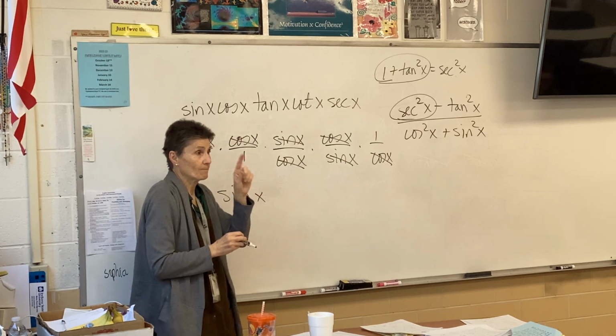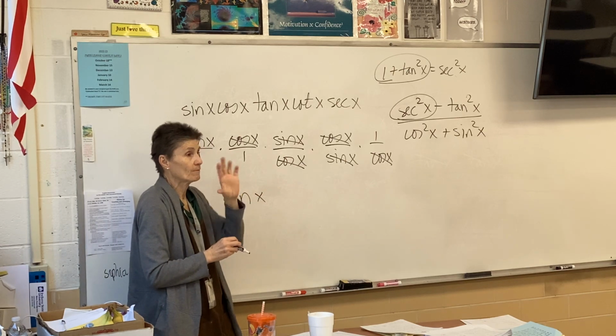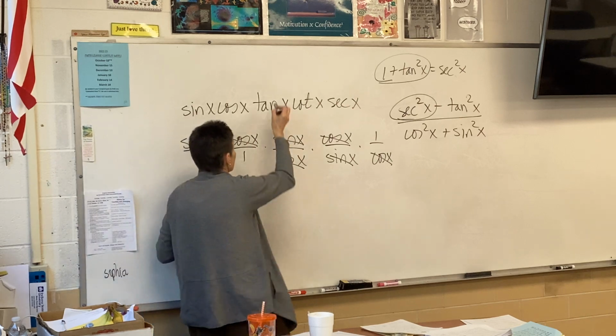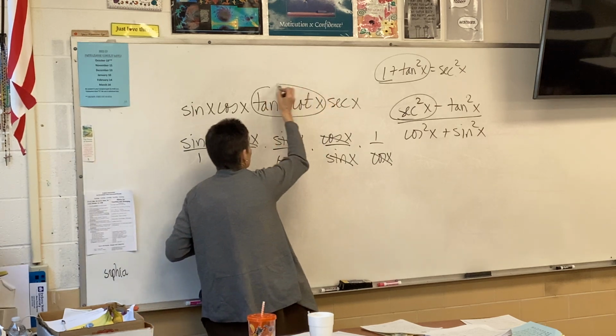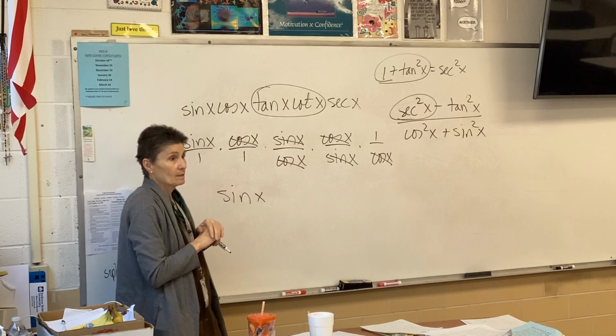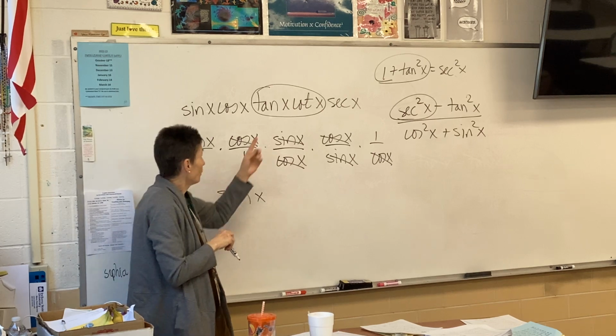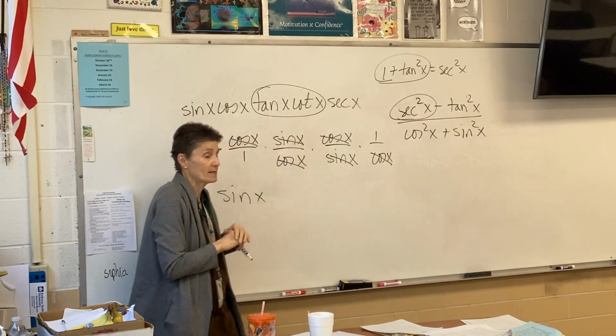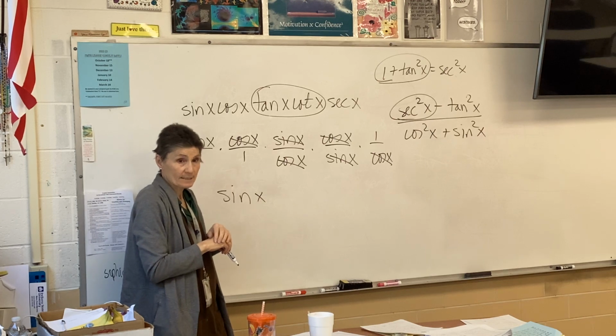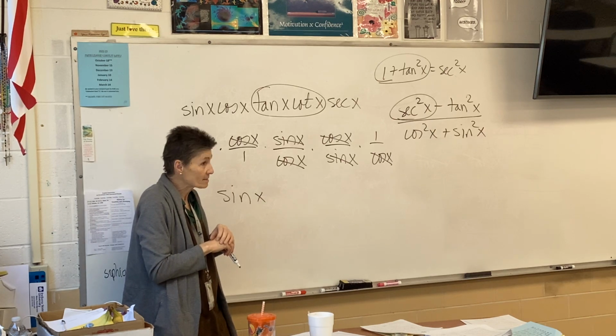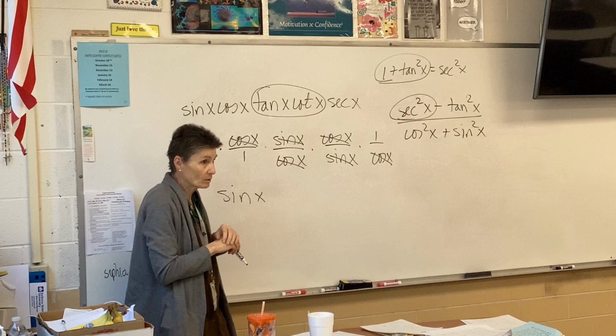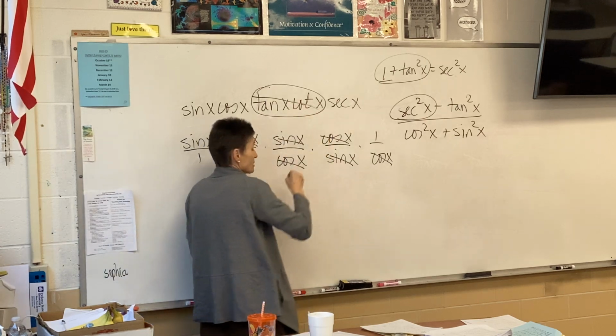Now I want to show you something. For those of you that are getting good at this and starting to feel really comfortable with this, do you see these guys right here? What's going to happen when you multiply a tangent times a cotangent? Isn't that going to give you 1? Because they are reciprocals? So you could actually cancel those out.